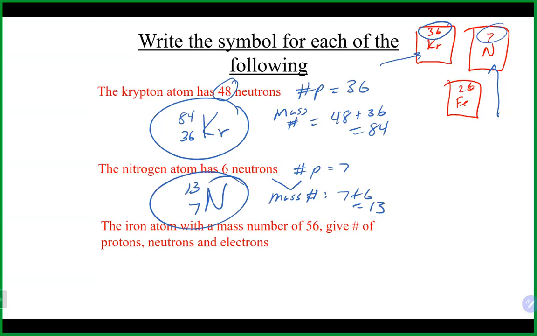Lastly here, we're looking at iron. Iron is one of those symbols that you might not think, but it is actually Fe. And once again, we get our atomic number there, which is 26. Capital letter, lowercase for the second. In this case, they actually gave us the mass number 56, which is what should go up on top. And in this case, we want the protons, electrons, and neutrons.